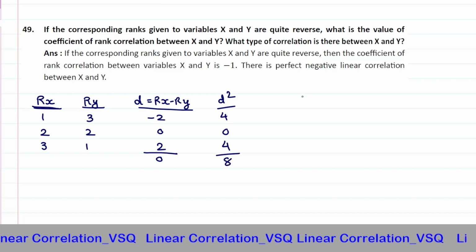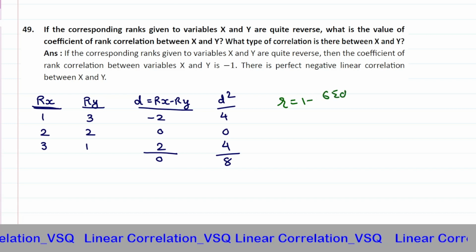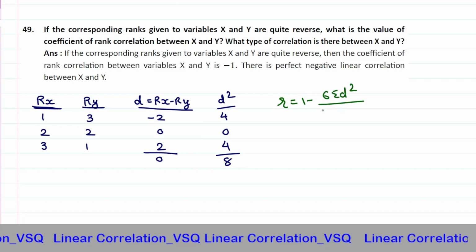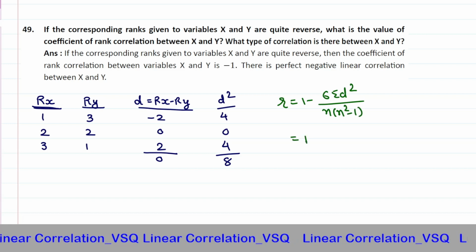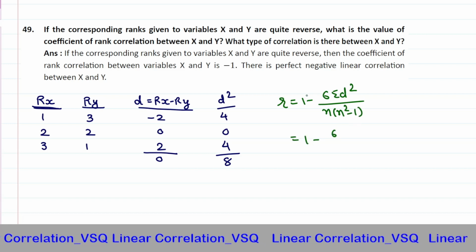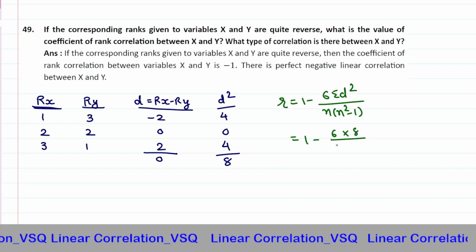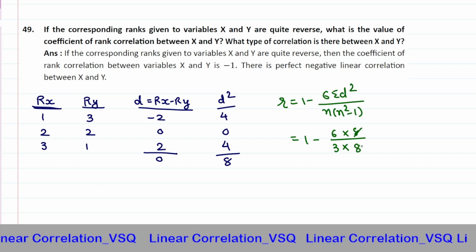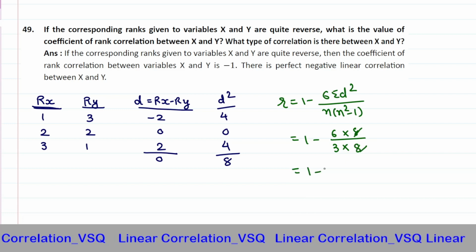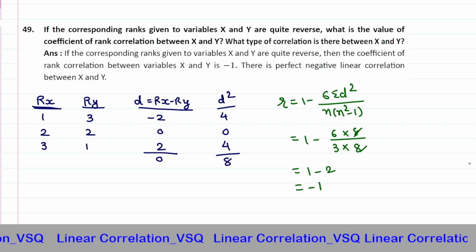Formula of R equals 1 minus 6 sigma d square divided by n into n square minus 1. Sigma d square equals 8, n equals 3, n square equals 9, 9 minus 1 equals 8. 8 cancels out. So 1 minus 6 upon 3 equals 2, and it equals minus 1.